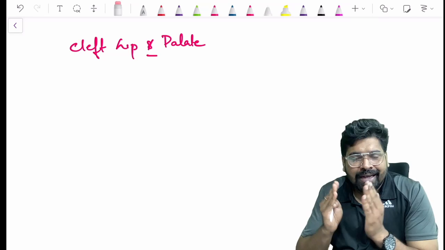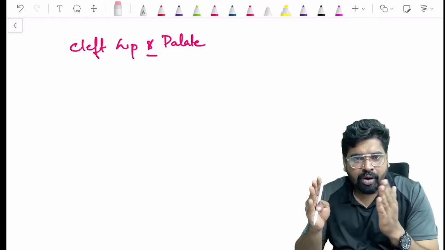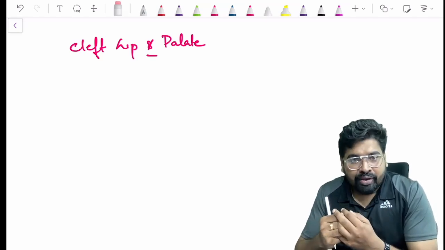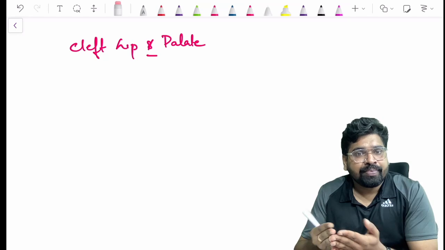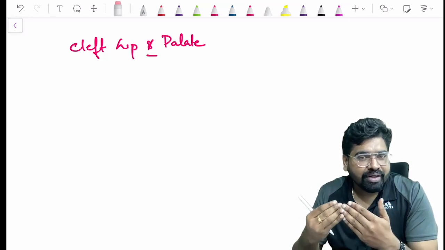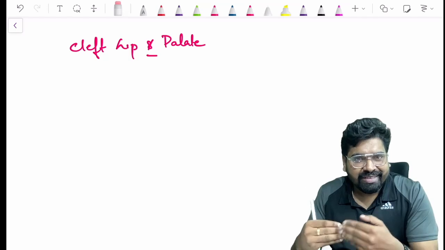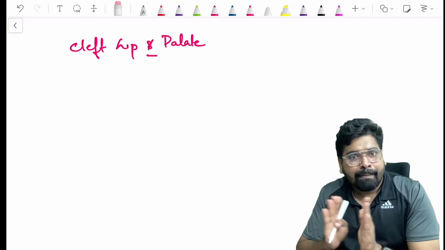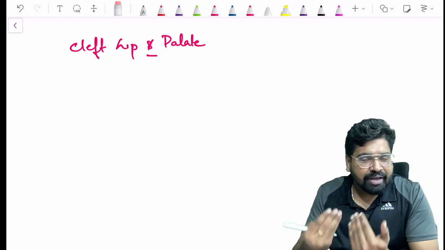Your lip and palate are formed by fusion of certain processes. On the face it is very complex. There are many processes which form the face, and they fuse in the midline and make the complete structure. This is how an embryo develops.